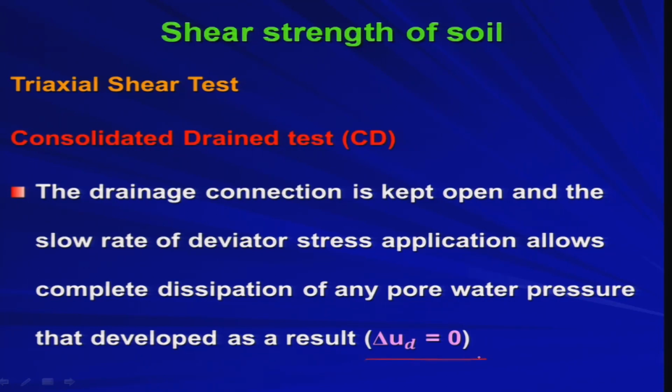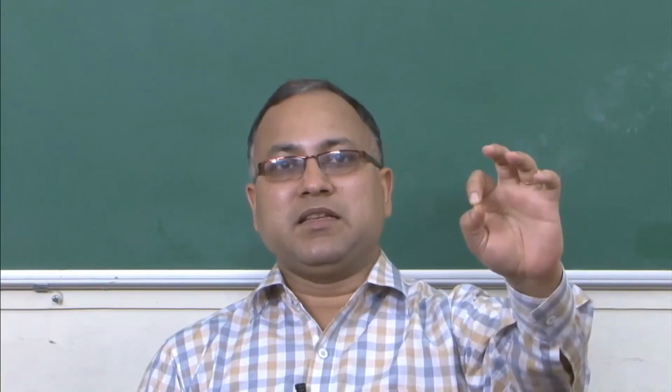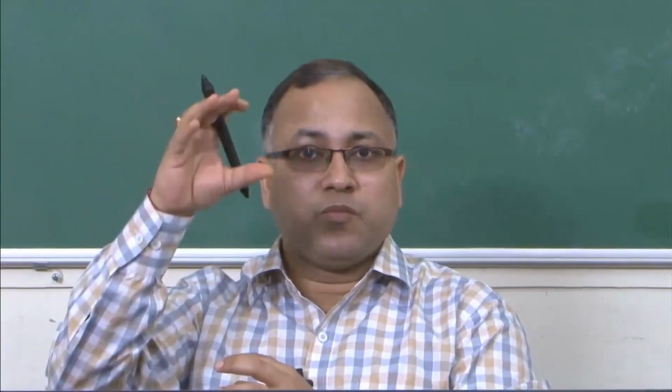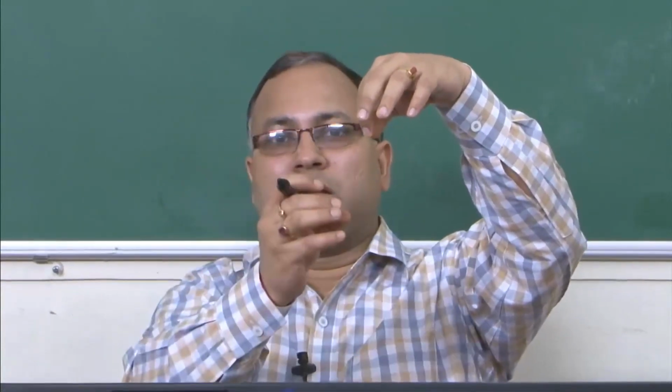As I told you, if you keep the valve closed and apply delta sigma d, some delta u d, that is some excess pore water pressure, will build up inside the soil specimen, the same amount as the delta sigma d applied.